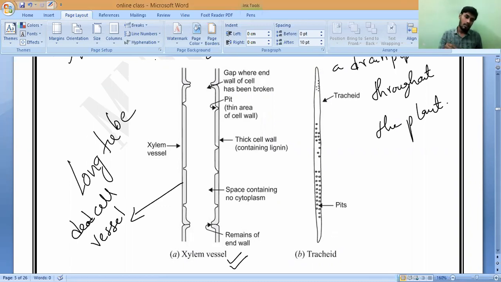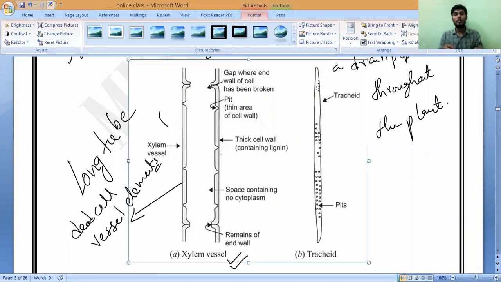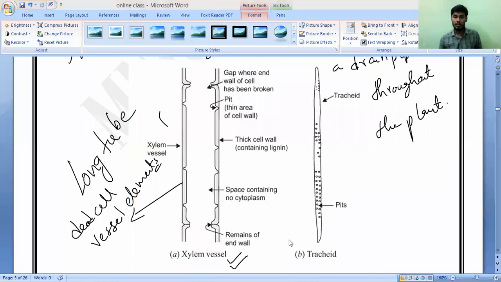This is the diagram, and all of you should draw it. You can observe how it looks. Does it look like a drainage pipe or not? Yes. That is what we call a xylem vessel.